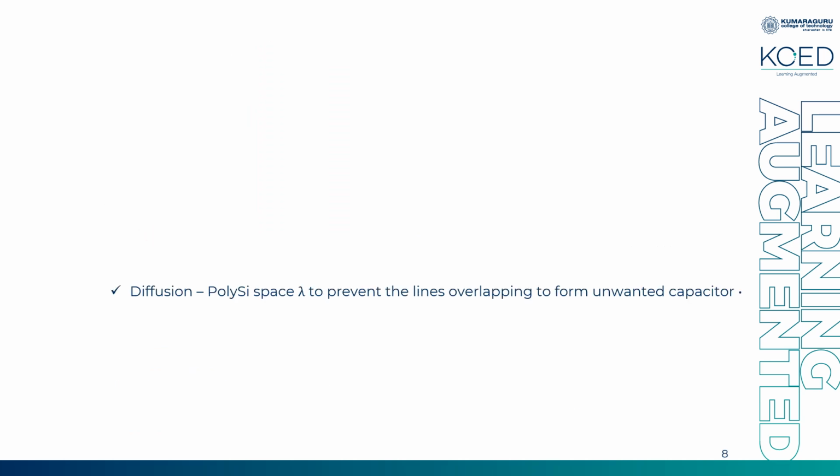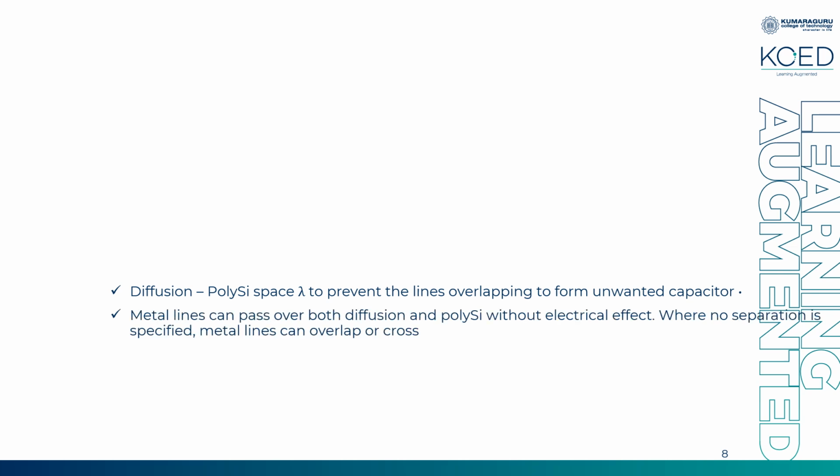Diffusion to polysilicon, you have to have a minimum gap of lambda. Metal lines can pass over both diffusion and poly without an electrical effect. The reason is, when you learn the stick diagram, you'll understand why it is possible. Your metals can pass over your diffusion, but your gate, that is polysilicon, and diffusion cannot pass without an electrical effect.